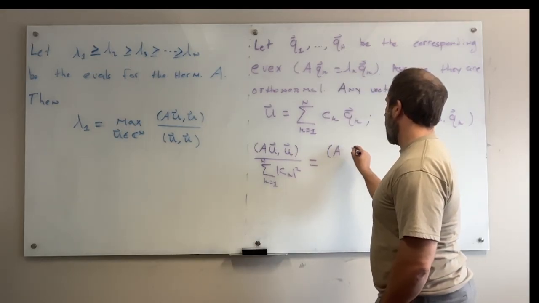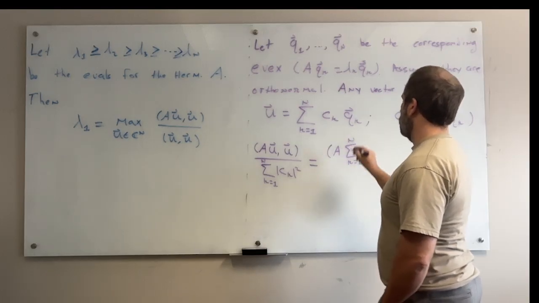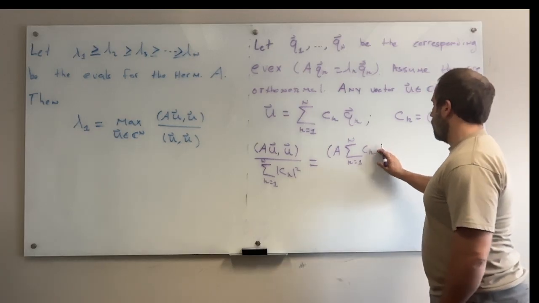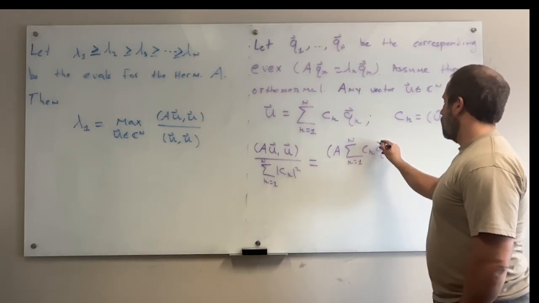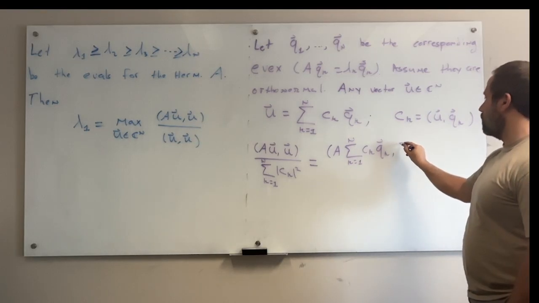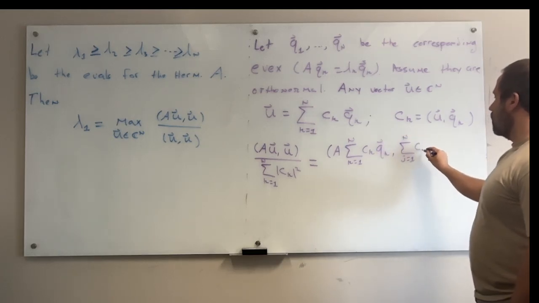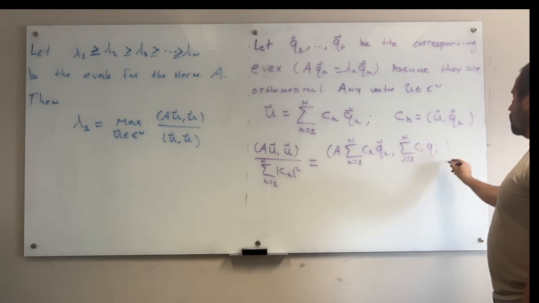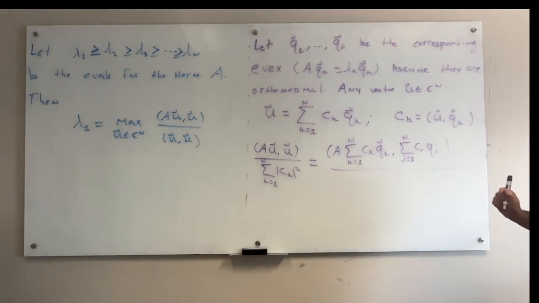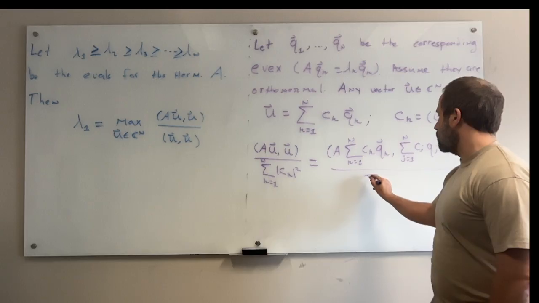So we're going to have A times the sum k equals 1 to n of ck qk, and then for the second u here, we're going to have the sum j equals 1 to n of cj qj. It's best not to use the same index variable there and there, or it gets confusing, and sometimes you make simplifications that are not legitimate.